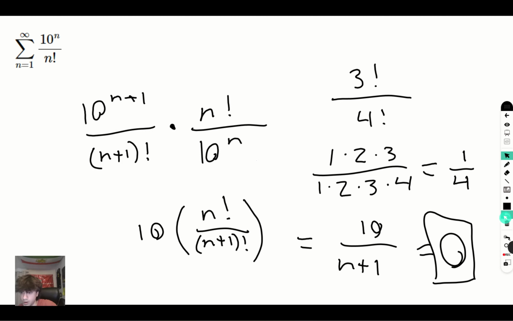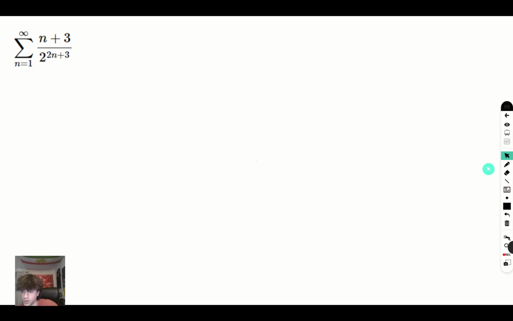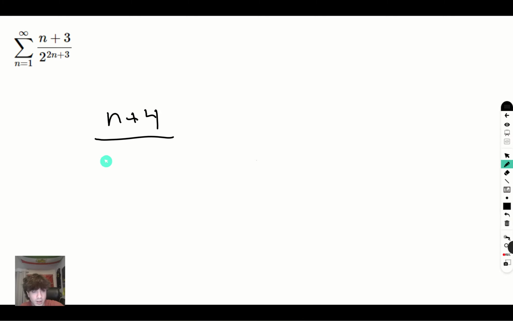Let's go to our next problem, our final problem. We get n plus 3 over 2 to the 2n plus 3. So we're going to make n plus 1 plus 3, so n plus 4, and we get 2 to the 2n.